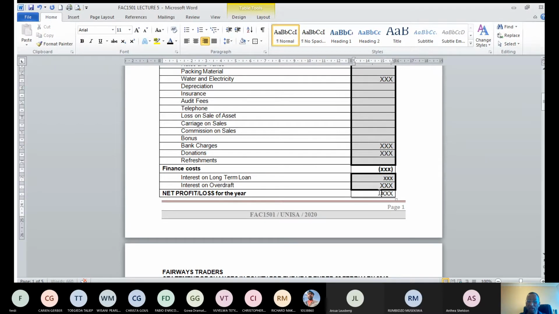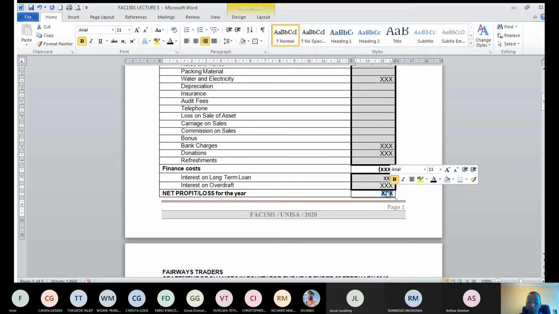So once again, first calculate the answer here now to your statement of profit or loss and other comprehensive income. That answer, once again, is the gross profit plus your other income minus your distribution, administrative, and other expenses minus the finance cost, and you will get an answer.